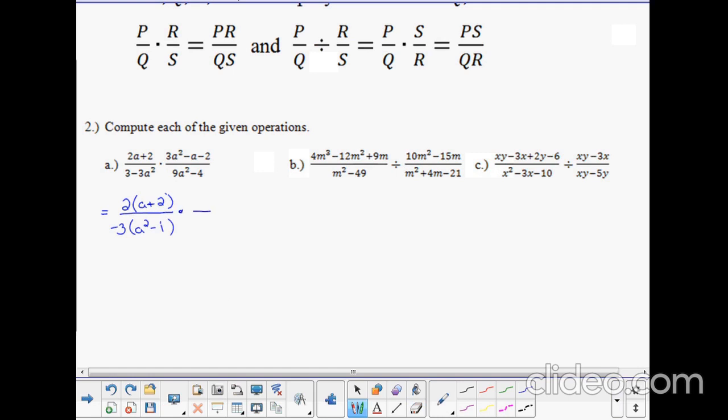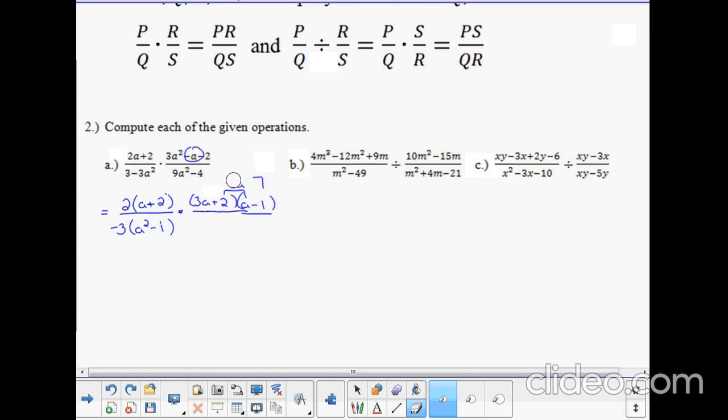For the second expression, 3a squared minus a minus 2, I'm going to try to split this into two binomials, with 3a and a being the first term in each. Knowing that I'm going to need one positive and one negative, this would end up being positive 2 and negative 1. If I check this, this is 2a, negative 3a, and together that gives me the negative a as the middle term.